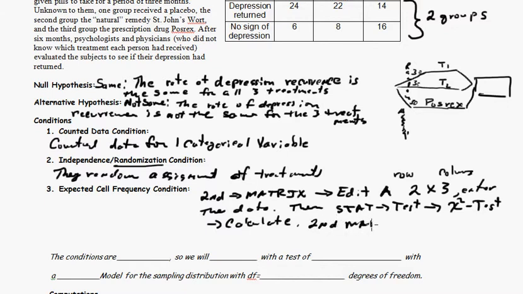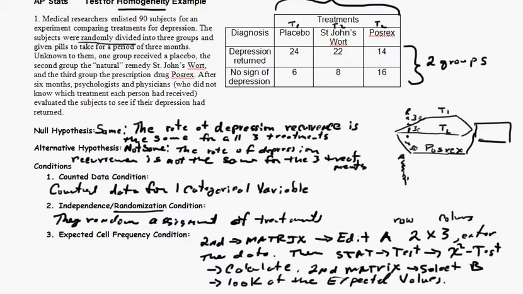Once that's done, go back to second matrix, and this time don't edit, select matrix B, and look at the expected values, because they'll be in matrix B. It's best to record them somehow.